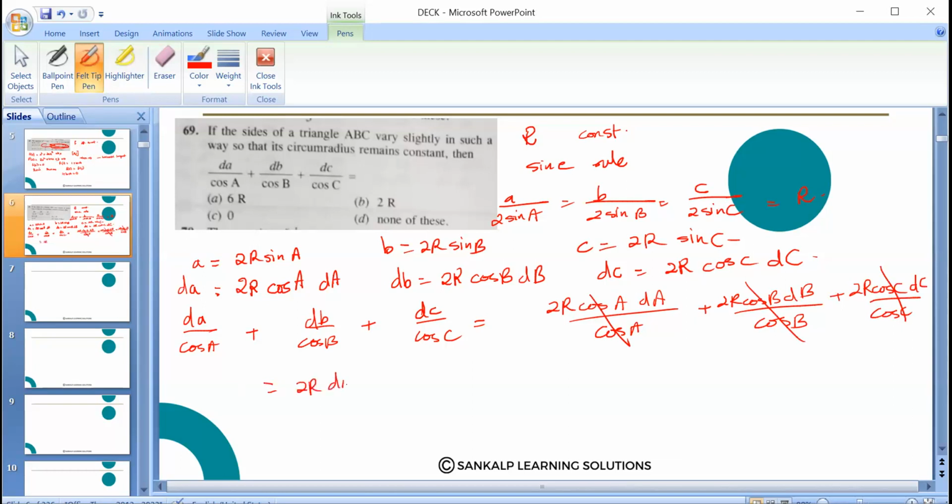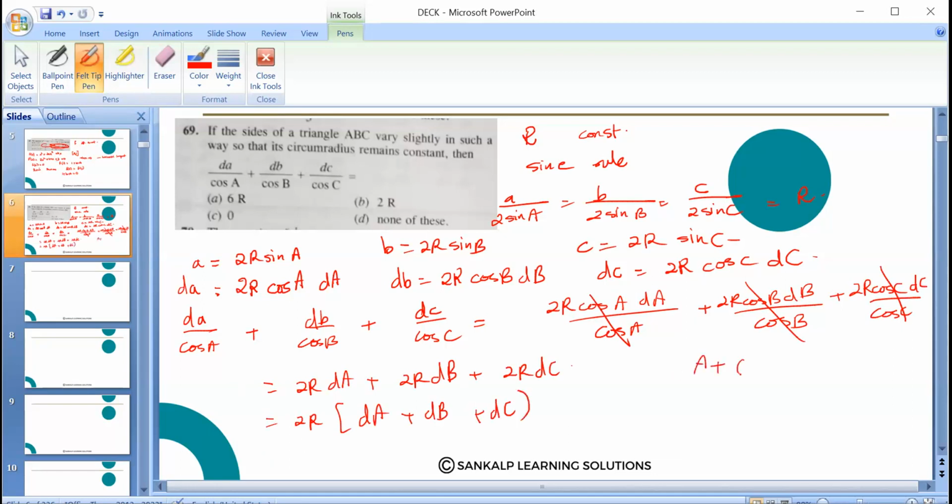You'll have 2R dA plus 2R dB plus 2R dC. Taking 2R common, you'll have derivative of A plus derivative of B plus derivative of C.